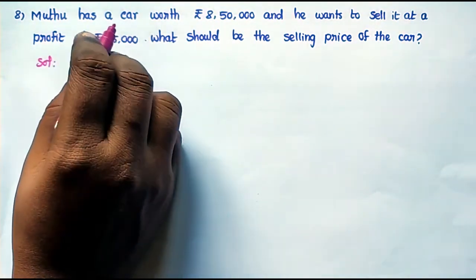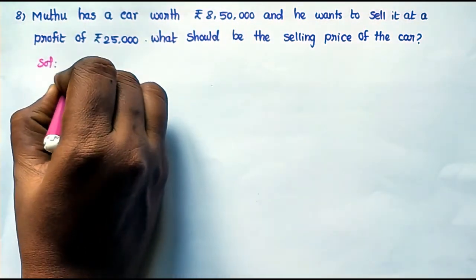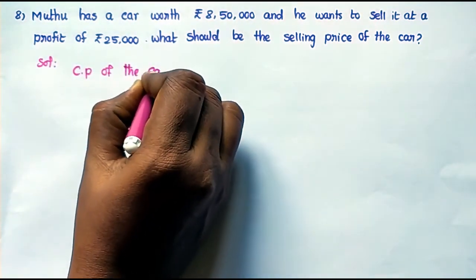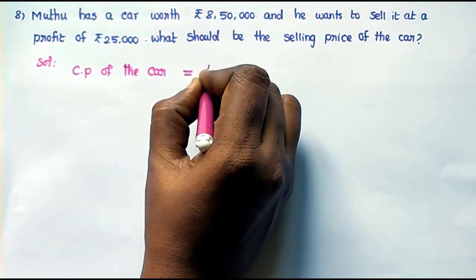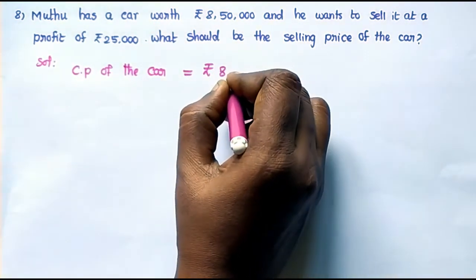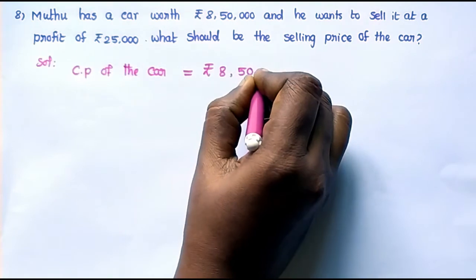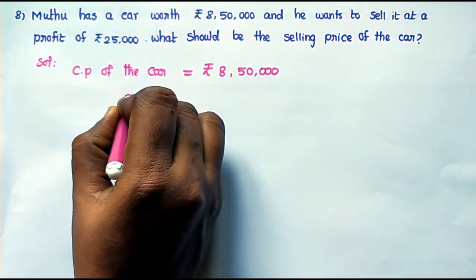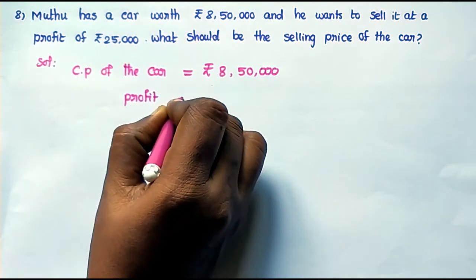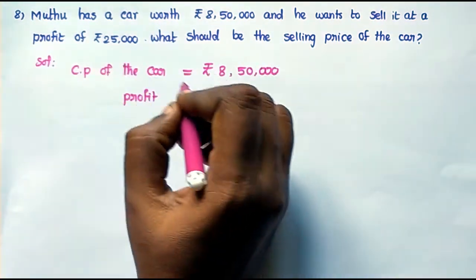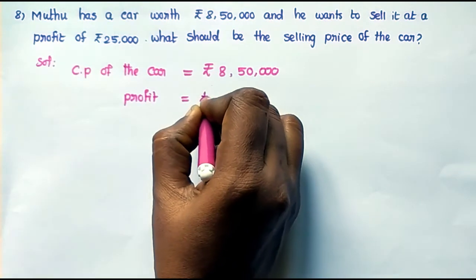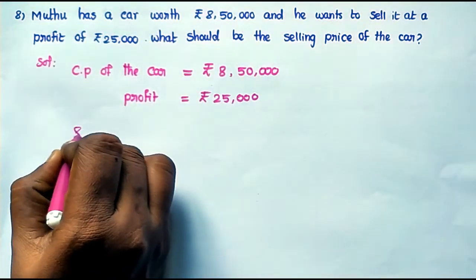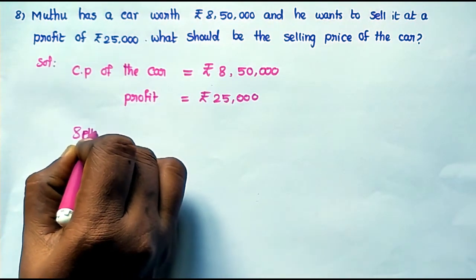Listen. Cost price of the car. How much? Rupees 8,50,000. Profit should be rupees 25,000, means what is the selling price of the car?